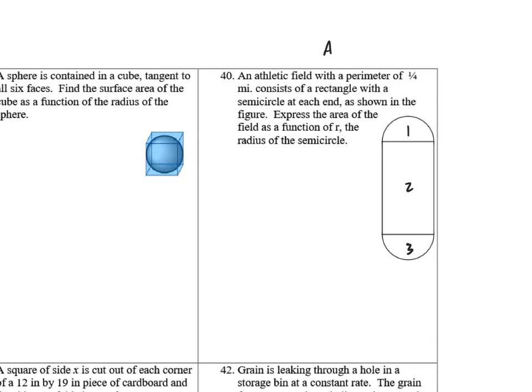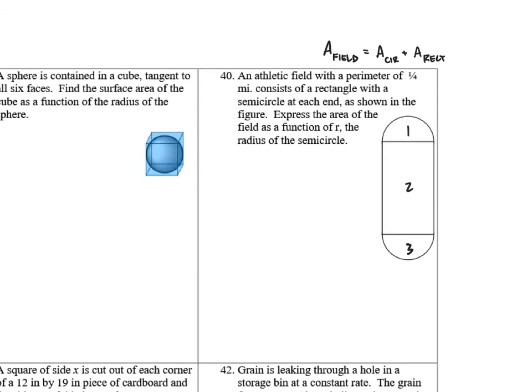So the area of the field is equal to the area of a circle plus the area of that rectangular space. I'm going to come up with a formula here real quick to do that.